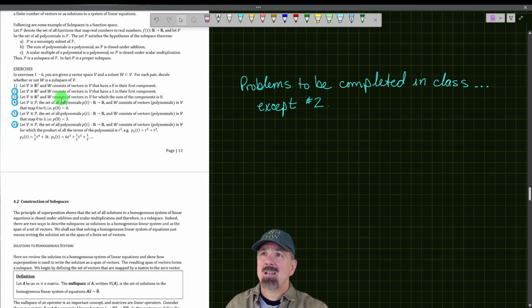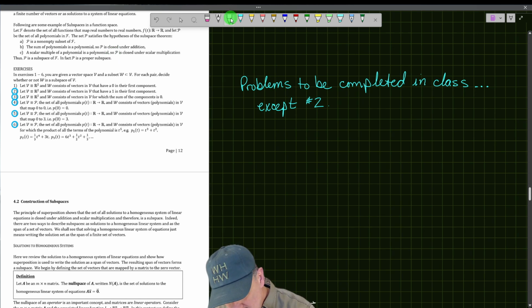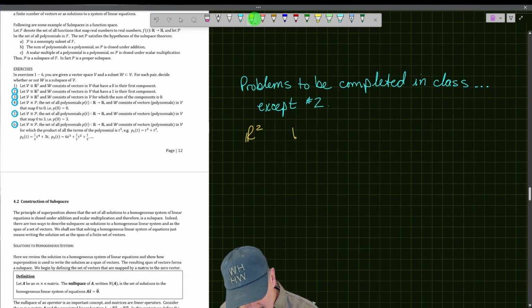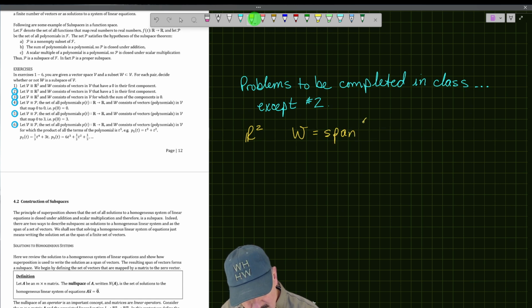It says, and I know it's a little bit hard to read, but it says let our vector space be R squared and W consists of the vectors V that have a 0 in the first component. So we have R2, and then W is equal to the span of everything that has a 0 in the first component.